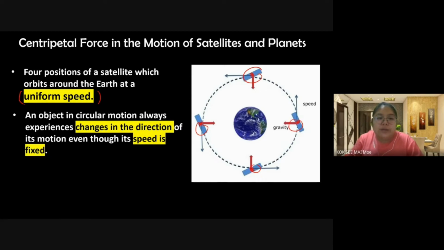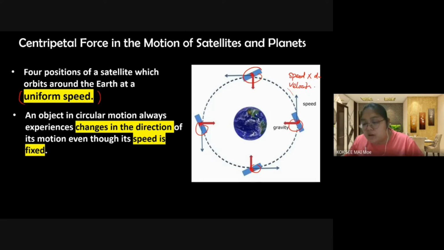An object in circular motion always experiences a change of direction because this one is a circle. When you move, you surely change direction. So when you change the direction, even though the speed is fixed, your velocity changes. Remember the speed has no direction, but velocity has.